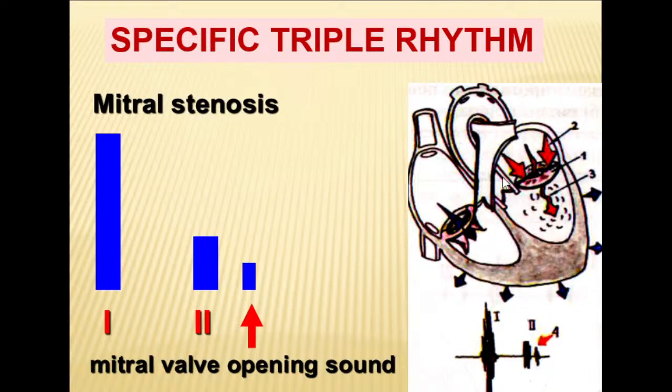Inadequate filling of the left ventricle intensifies the muscular component of the left ventricle, so the first sound will be increased. Triple rhythm is characterized by a loud, increased first sound and an additional sound which appears due to audible opening of the mitral valve.